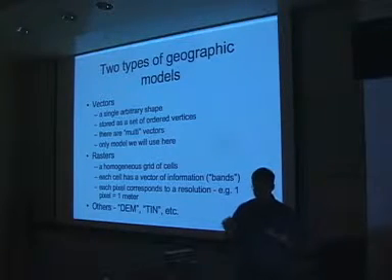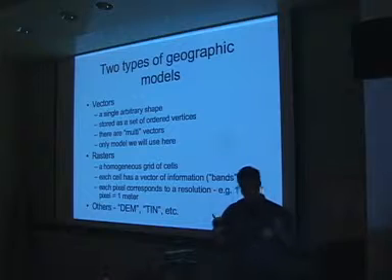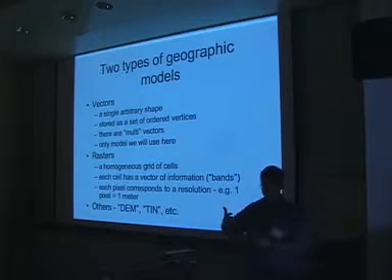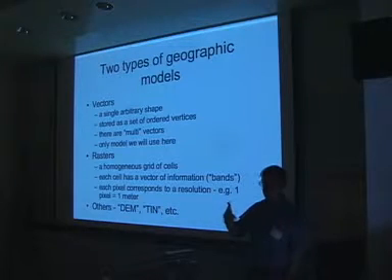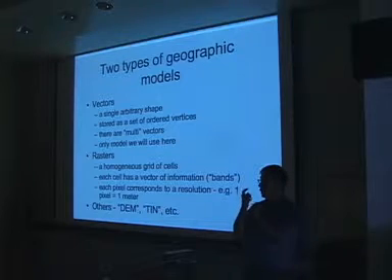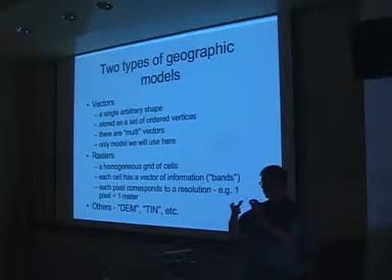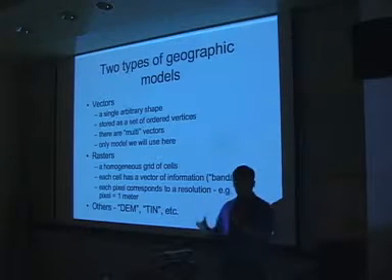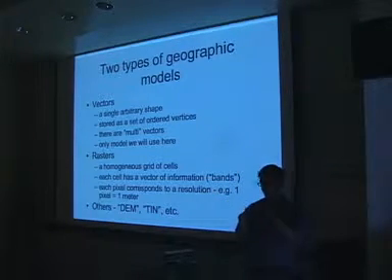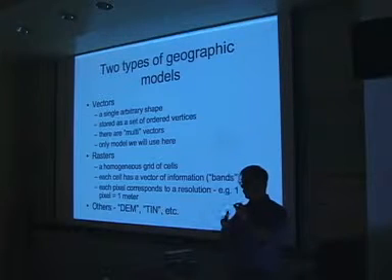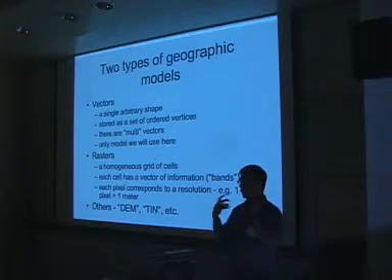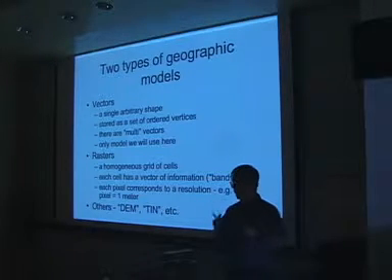So rasters, the other big model, are basically a homogeneous grid of cells, like your TV screen. Each cell has a vector of information, so each pixel basically has a set of numbers that go with it, and each pixel has the same data type as every other pixel, and in the geographic model, each pixel corresponds to a patch of ground. One pixel equals a meter, or one pixel equals an inch, or what have you.